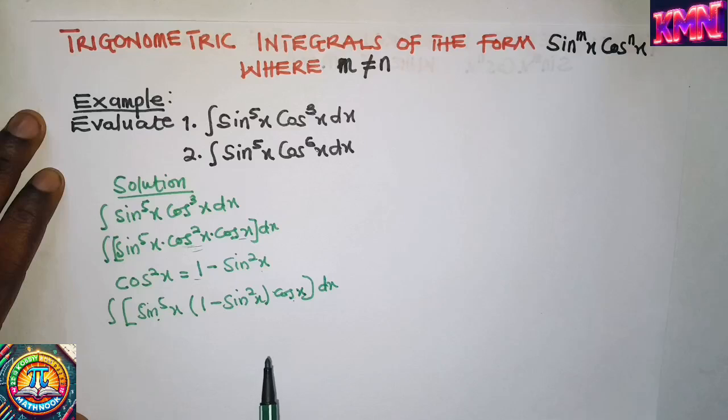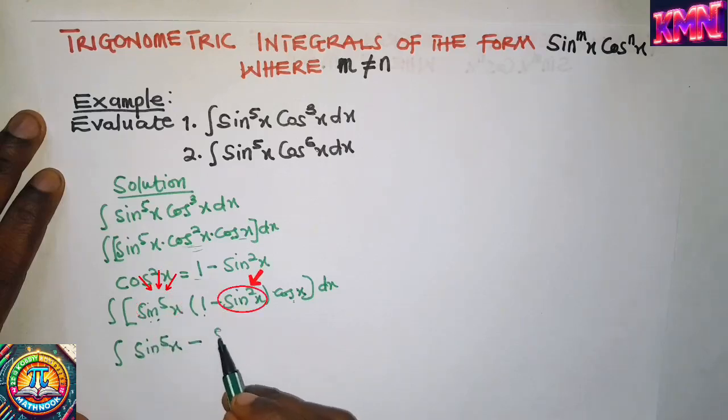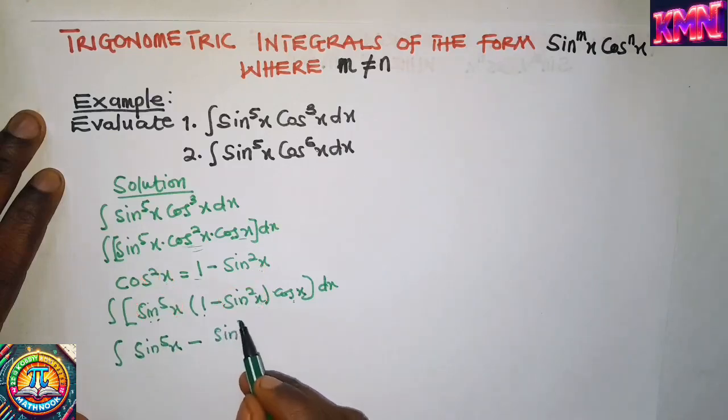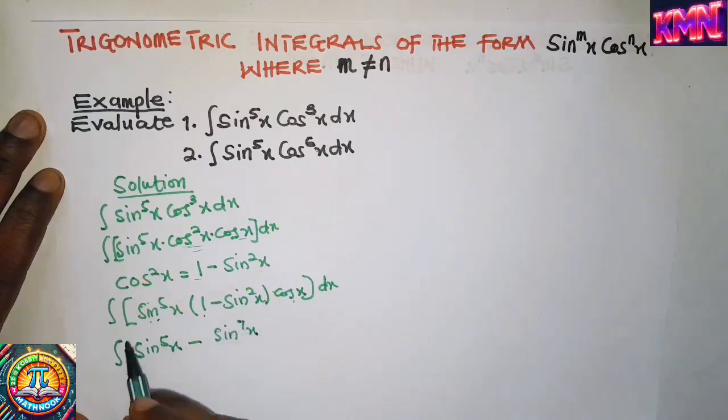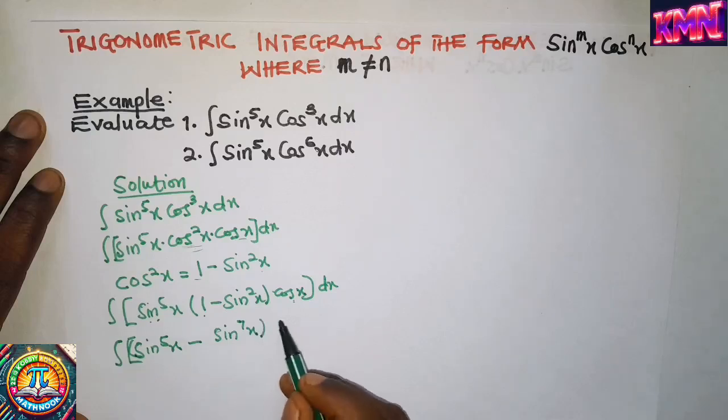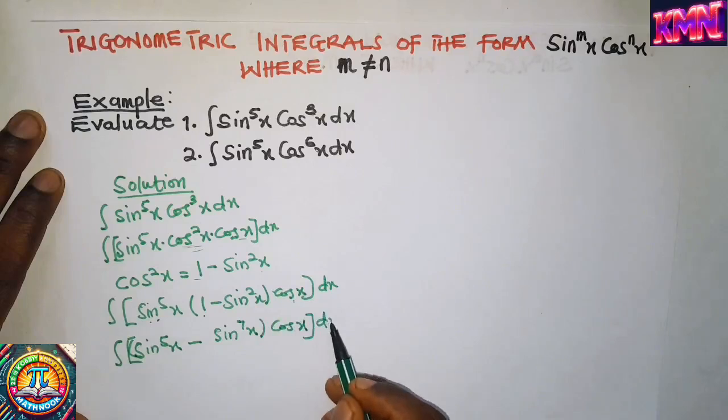We can multiply through by both the sine and the cosine. So let's deal with the sine first. We're going to get integral of sine power 5x minus sine power 7x multiplied by cosine x dx.